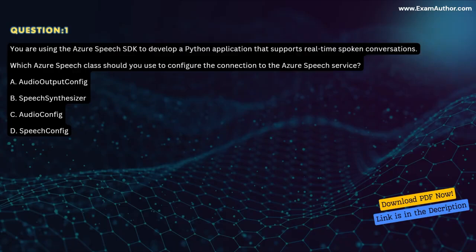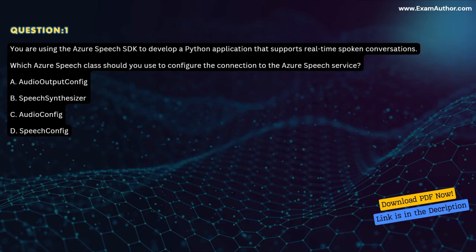Question 1. You are using the Azure Speech SDK to develop a Python application that supports real-time spoken conversations. Which Azure Speech class should you use to configure the connection to the Azure Speech service? A. Audio Output Config. B. Speech Synthesizer. C. Audio Config.